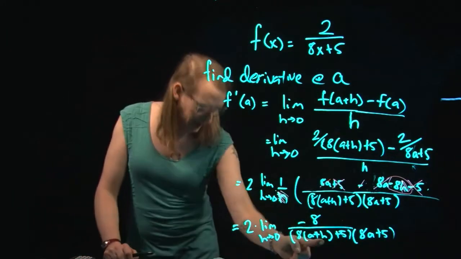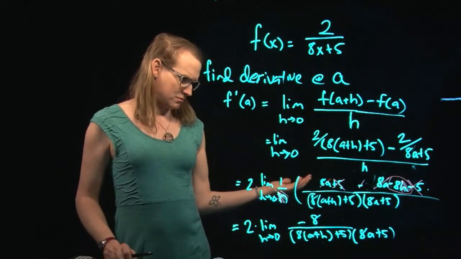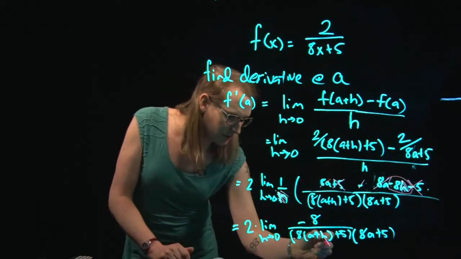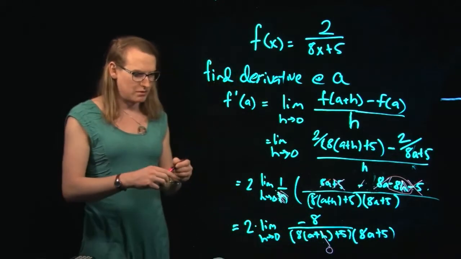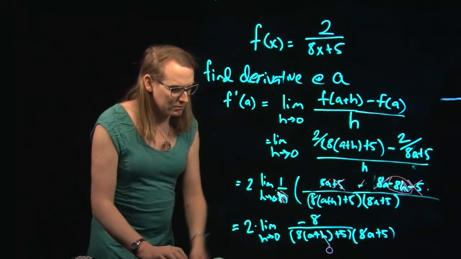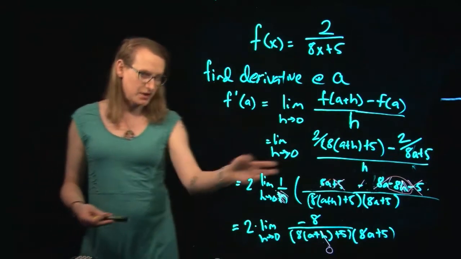I've got h, and that's the only one that's left. So h, that's going to go to 0. Everything else is going to be all good. So, I think that we're golden to just go ahead and write down and we get an expression. So let's just evaluate that limit.